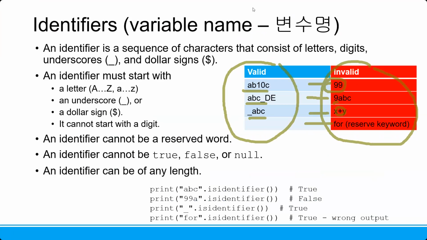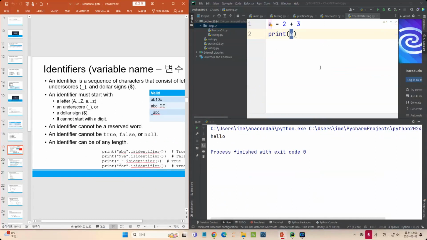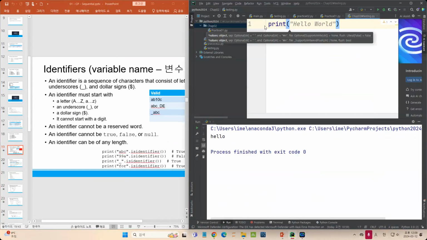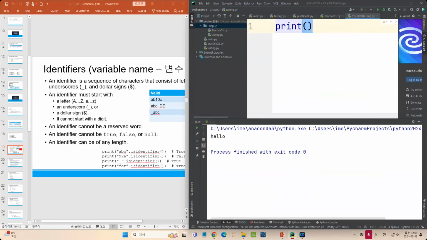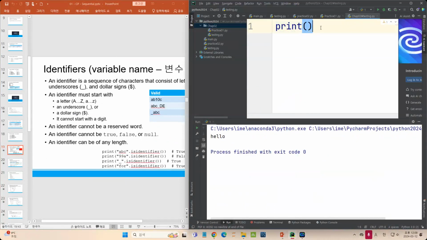What about this? For is a reserved keyword. So how can we know if that is a reserved keyword? Let's say you write print, okay, you can see that this becomes blue. Now let's say I want to put for, now it becomes blue with bold. It means Python knows this is a word in Python.